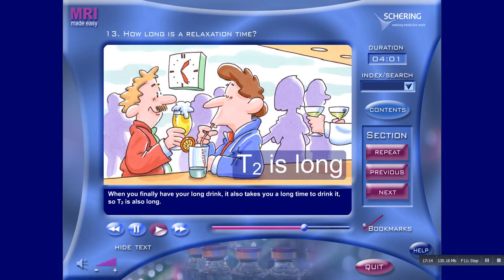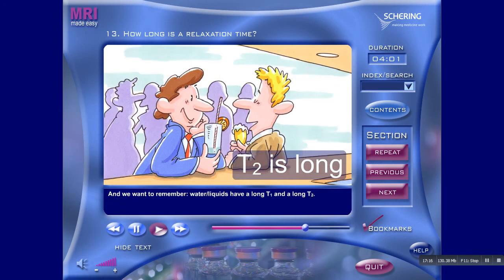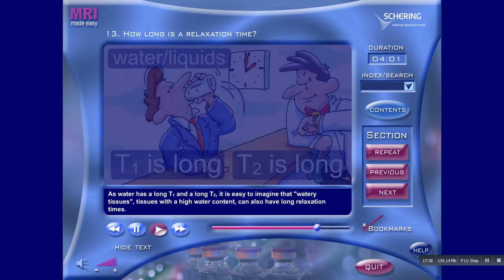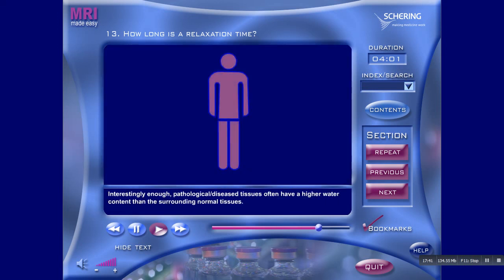And we want to remember, water, liquids have a long T1 and a long T2. As water has a long T1 and a long T2, it is easy to imagine that watery tissues, tissues with a high water content, can also have long relaxation times. Interestingly enough, pathological, diseased tissues often have a higher water content than the surrounding normal tissues.